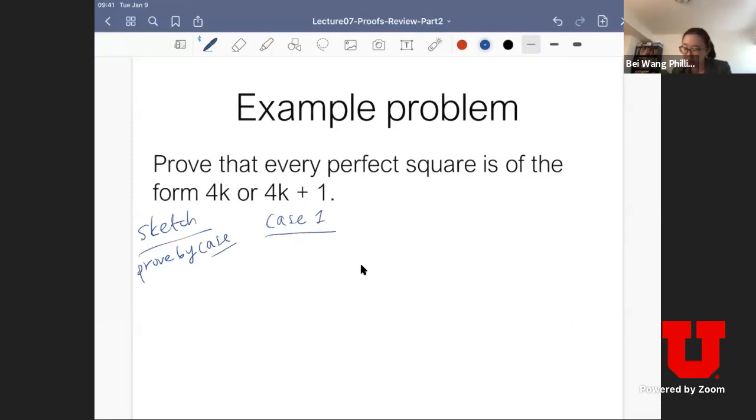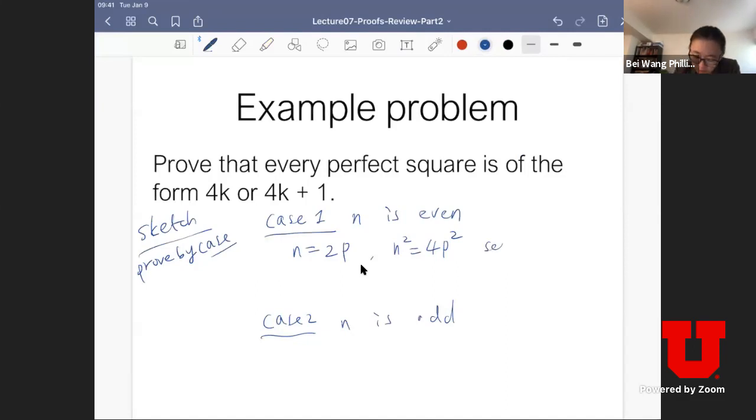Case 1 is when n is even, and case 2 is when n is odd. When n is even, by definition of even, n is equal to 2p. Then n squared by substitution is 4p squared. If we set k equal to p squared, by the closure property of the integers, k is also an integer. So now n squared is in the form of 4k.